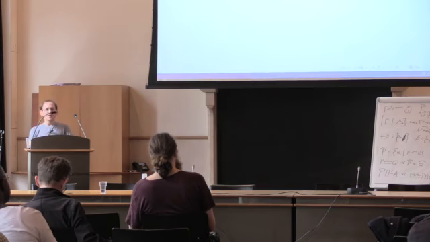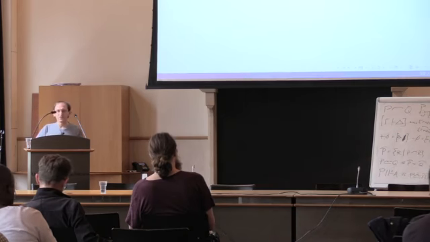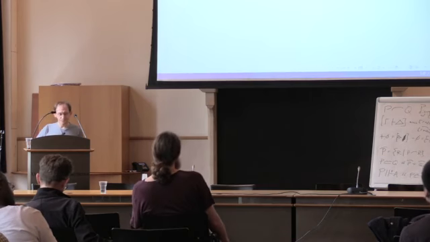Okay, so let's start with truth preservation. As I said, we're interested in what is true, and valid arguments are typically taken to preserve truth, while invalid arguments don't seem to preserve anything.